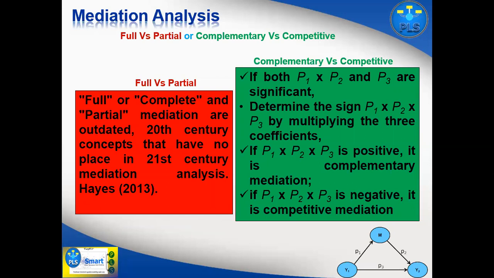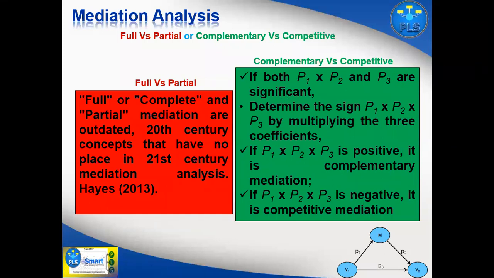So that is how you do it. Number one, you look at the diagram below, P1, P2, P3. Then we are going to use this one. If P1 multiplied by P2 is significant, that's one condition.